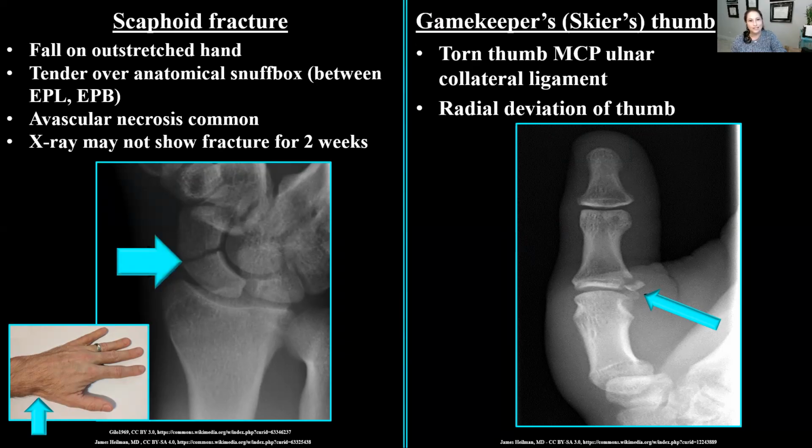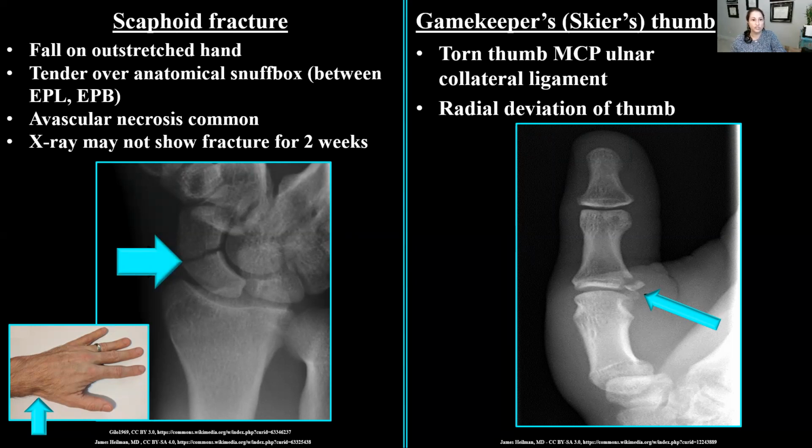Also about this one is that you may not see this fracture on x-ray for up to 2 weeks. So if you have this on a board question, they ask you, what's the most appropriate treatment for this? It's immobilization, either with casting or splinting for up to 2 weeks, and then you want to repeat the x-ray. So tenderness over the snuff box should be an assumed scaphoid fracture.